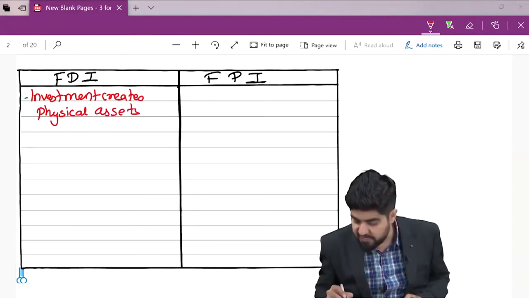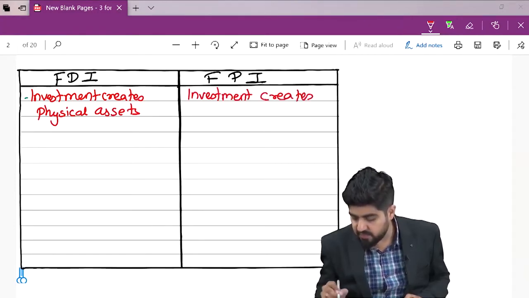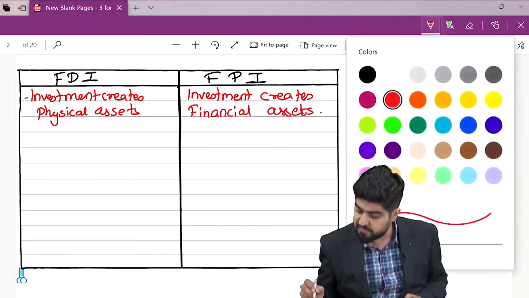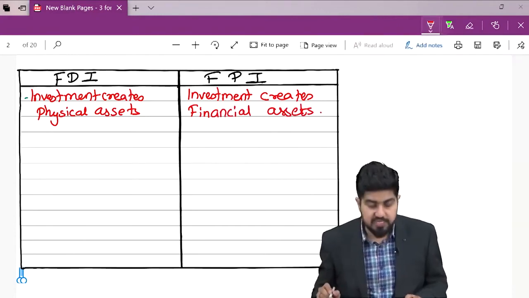And FPI investment creates financial assets. Okay, I hope you are very clear in this.